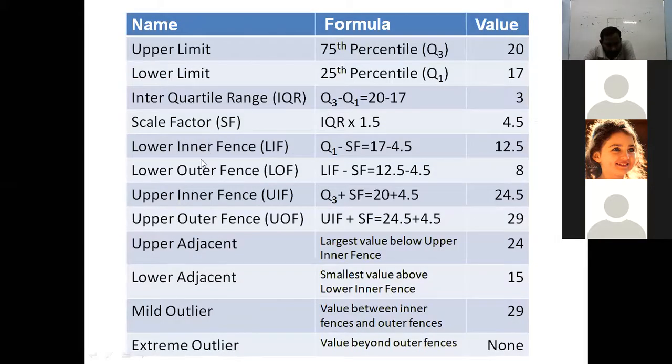What is our left inner fence? The lower inner fence is 12.5, and Q1 is 17. It should be between 12.5 and 17, but closest to 12.5.